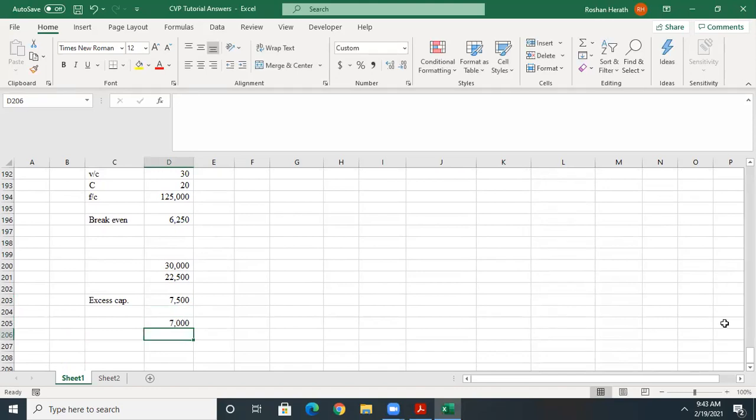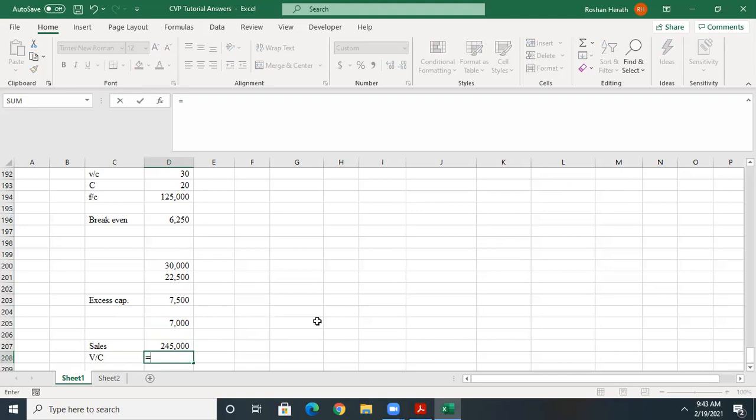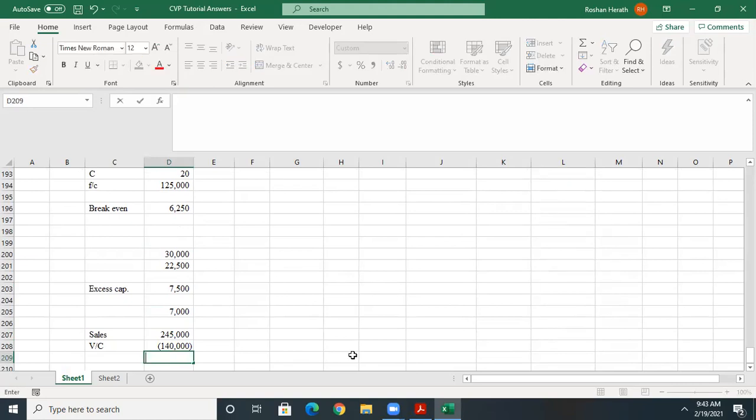Hence, no problem. So if you accept this order, what is the gain? In financial terms, you can have sales of 7,000 into 35. But you need to incur the variable cost. Per unit, it costs you 20 into 7,000. So accordingly, it makes a profit, right?